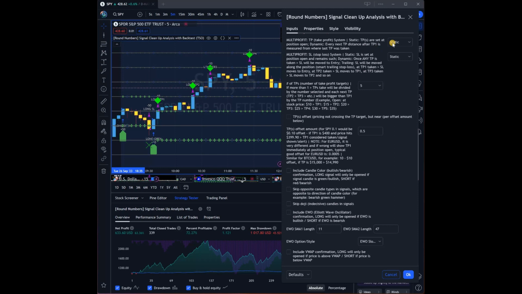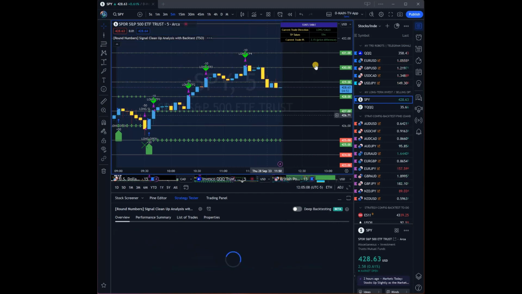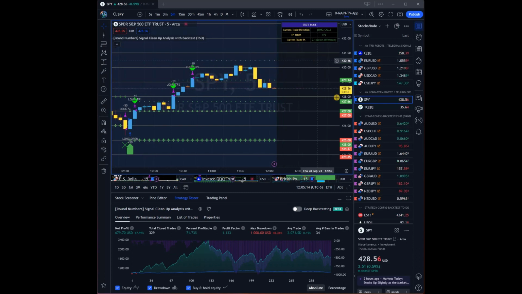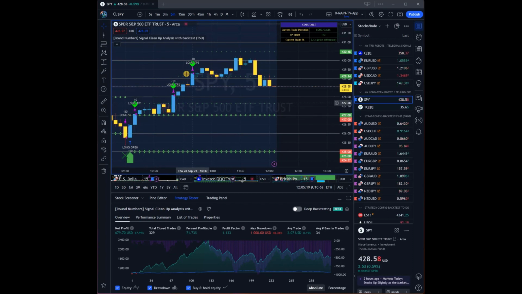Let's get to the take profit system, which can be either static or dynamic. Dynamic is a bit of an experimental thing. With static, all take profit levels are set at position open, and that's it. With dynamic, it recalculates each take profit depending on how far the candle that closes at a certain take profit goes. When there is little momentum, take profit 2 is not that far.